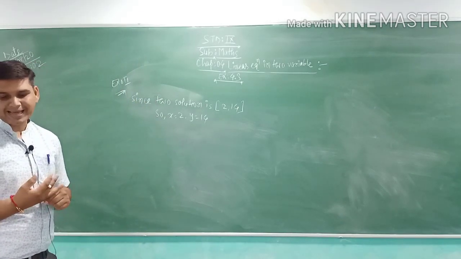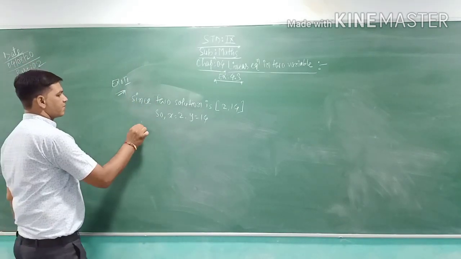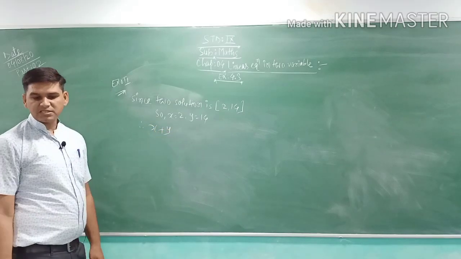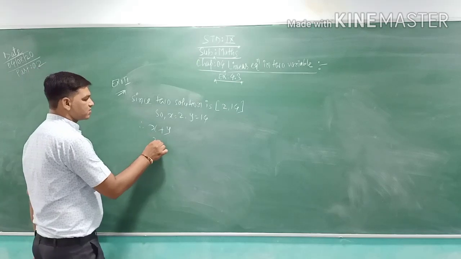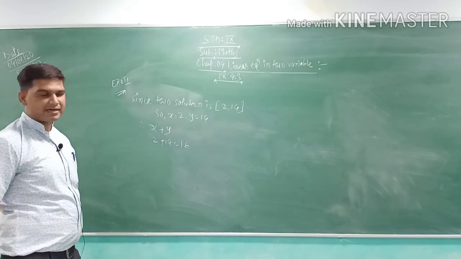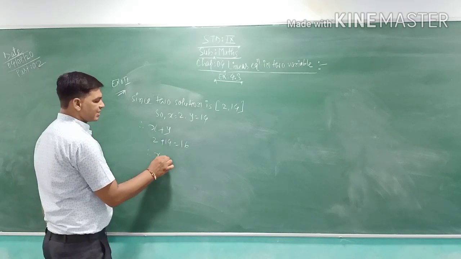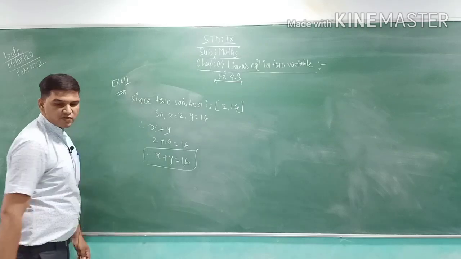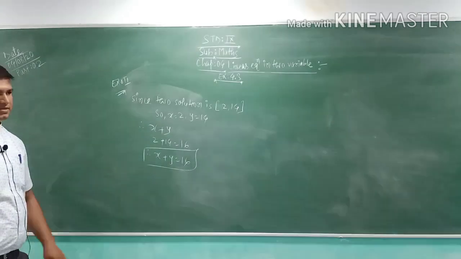First of all, I will take x plus y. So x plus y is 2 plus 14, which is equal to 16. So the first equation is x plus y is equal to 16.